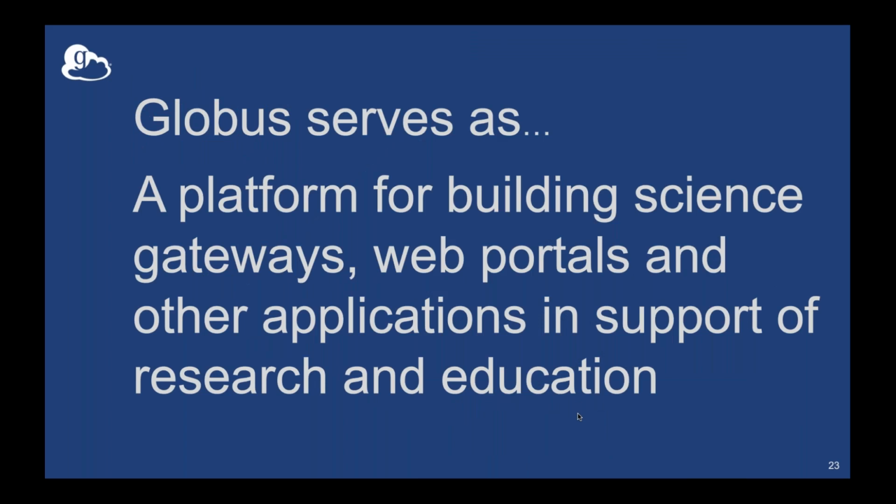And in fact, what we see is a growing number of people using this Globus service as a platform for building what people sometimes call science gateways or web portals, web-based systems that provide access to computational capabilities, and also a range of other applications that support various research and education use cases.